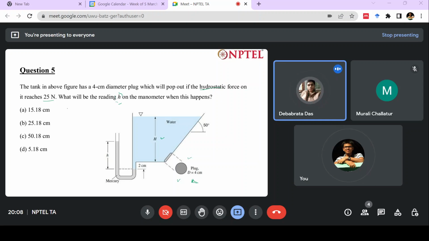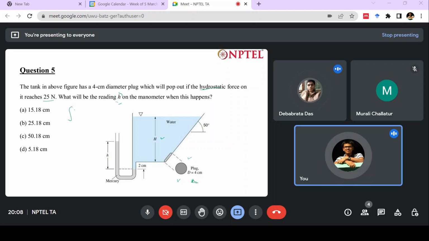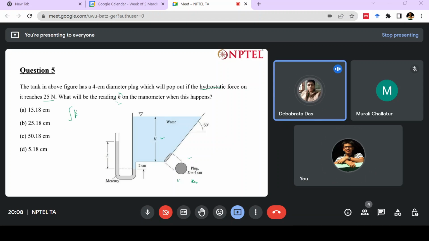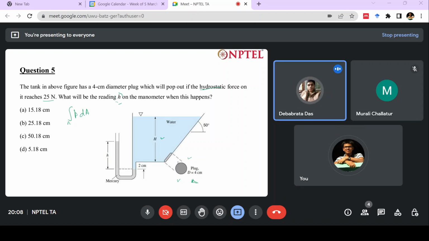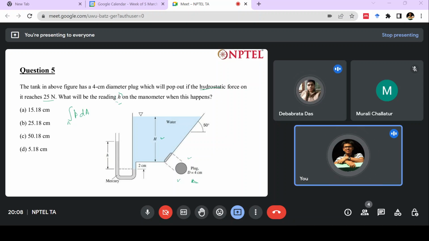Ideally, for the force, you would integrate P dA over the area of the circle, right? Yes, sir.